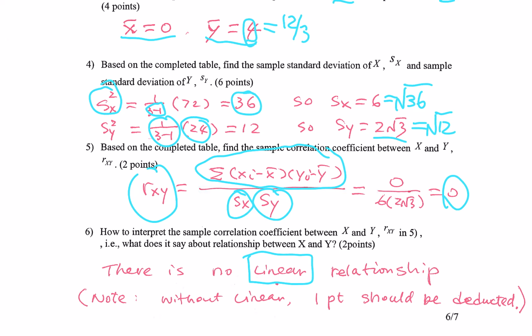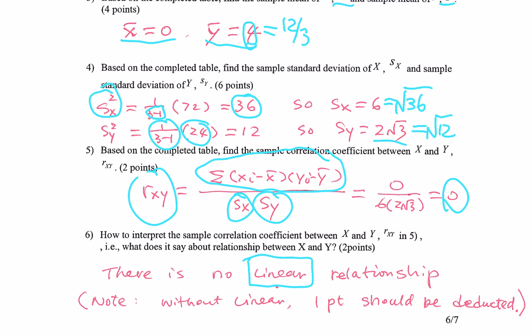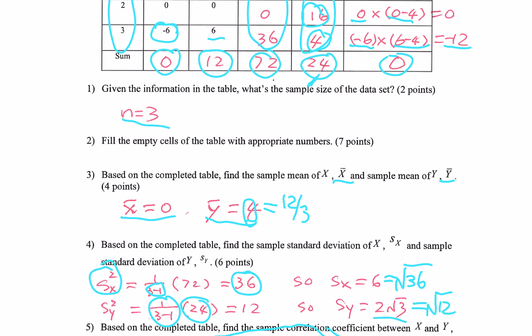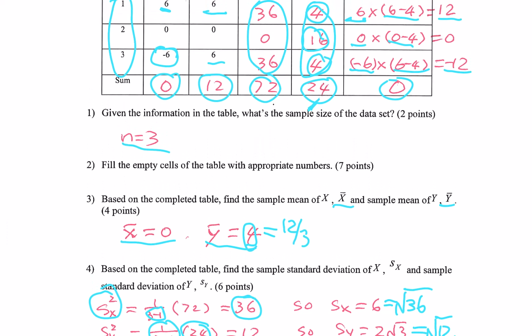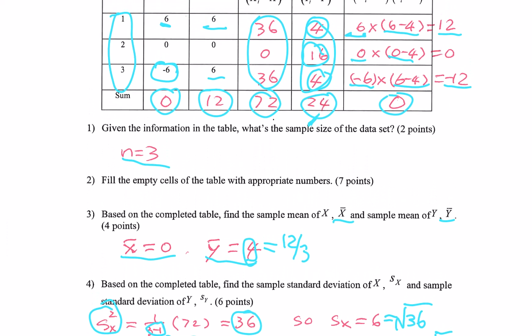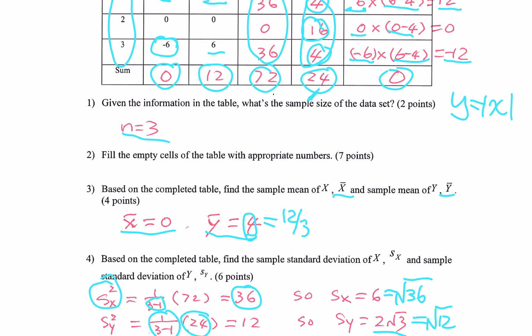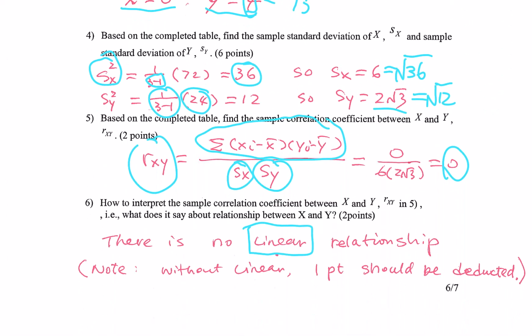Because here, obviously, as I explained in the lecture, these two numbers do have a relationship. For example, you can obviously say y equals the absolute value of x, right? They are related, but this relationship is not linear. Okay, it's a non-linear relationship. So that's why I say if you do not specify this linear, 1 point should be deducted in the real exam.